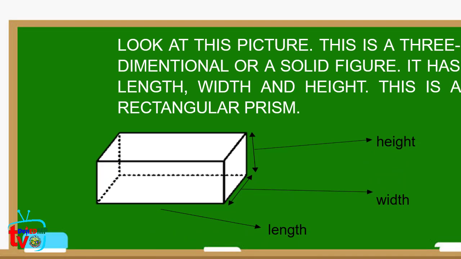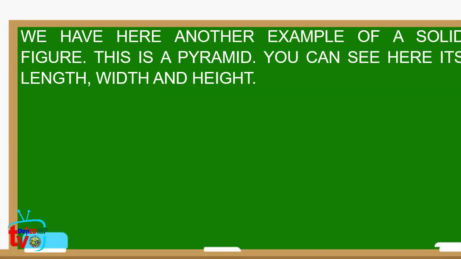Look at this picture. This is a 3-dimensional or a solid figure. It has length, width, and height. This is a rectangular prism. We have here another example of a solid figure, and this is a pyramid.